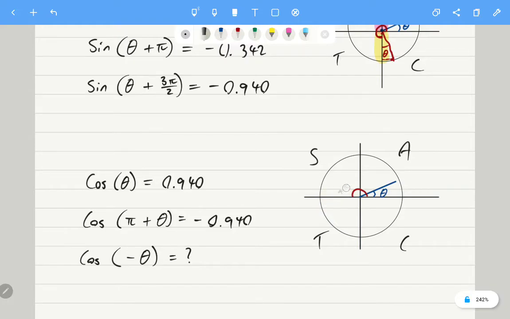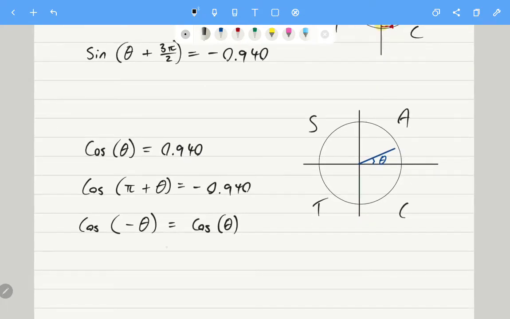Alrighty, get rid of all of this, and let's try drawing this other angle, which is just negative theta. Well, actually, there's two ways we can solve it. One is knowing that the cos of negative theta is just equal to the cos of theta by one of our rules, and since we already know what the cos of theta is, it's 0.940. But visually speaking, negative theta would be approximately here.